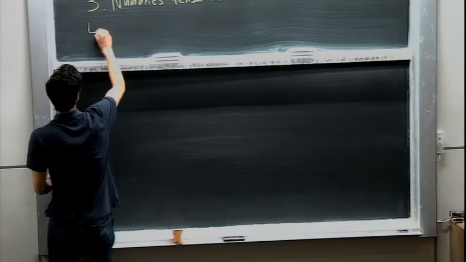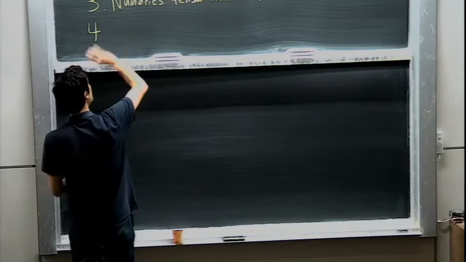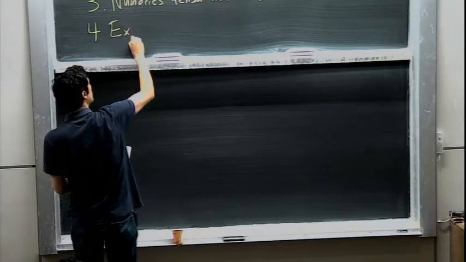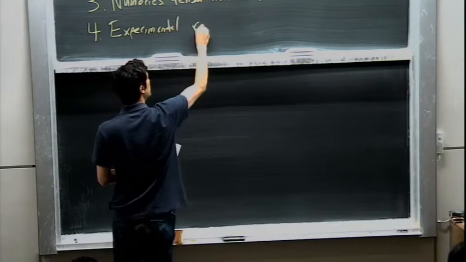And then, of course, the fourth application, and this I'm going to put a question mark, is maybe these models can lead to some ideas for experimental realizations. But that's not clear, so I'm going to put a question mark there.